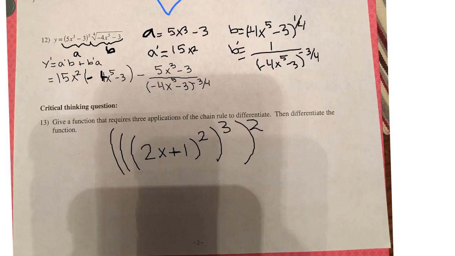And now we're just taking a times the derivative of b, which we have here. So it's this times this here, and that's why we have the 5x cubed minus 3 on top, and then, obviously, the negative 4x to the 5th minus 3 to the 3/4.